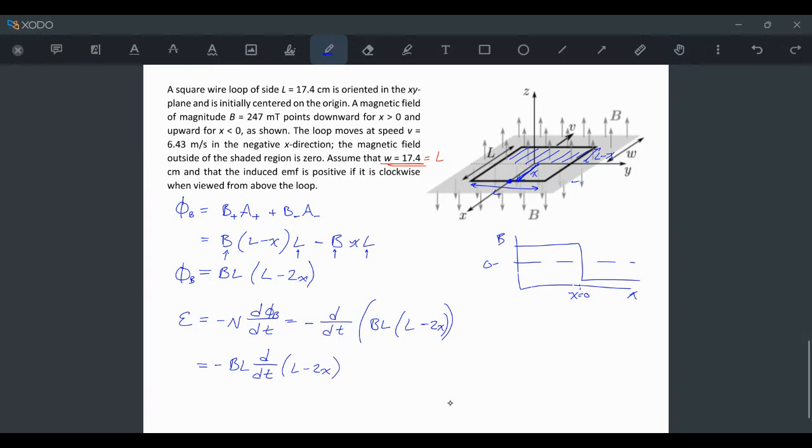L is just a constant, so when you take the time derivative of it, it becomes 0. And once we apply the time derivative to x, that's really all we have left. We have positive 2BL dx by dt. Conveniently, the rate of change of x is just equal to the velocity. So our induced EMF is equal to 2BL times the velocity.